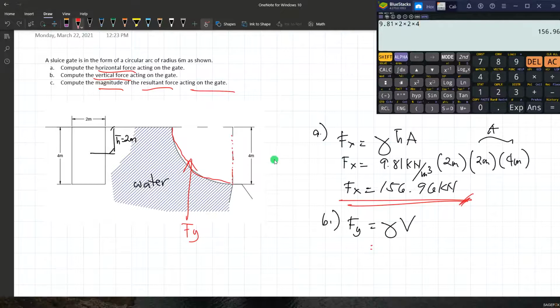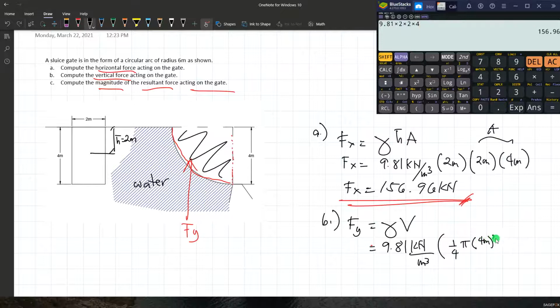So unit weight 9.81 kilonewtons per cubic meter multiplied by the volume. The volume is this one. Area of quarter circle, 1/4 of pi r squared, R is 4 meters squared, multiplied by the width, 2 meters. So this is your volume.